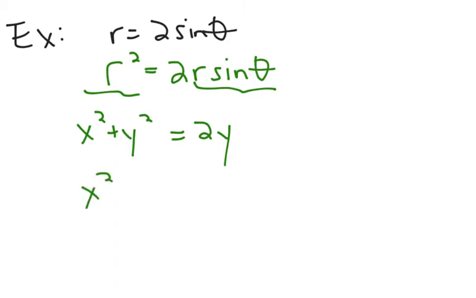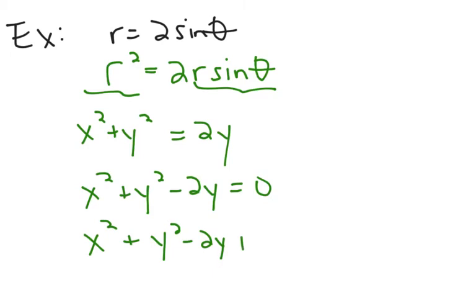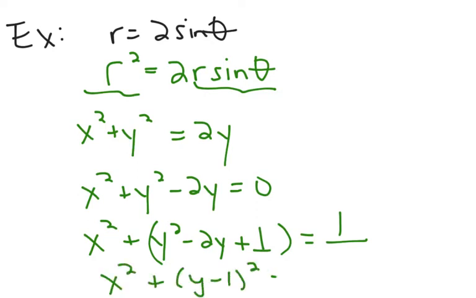Well, if I do a little bit of rearranging here, and I subtract and set it equal to 0, that looks like a quadratic that I could complete the square on. And then this is what completes the square, and then I end up with this.